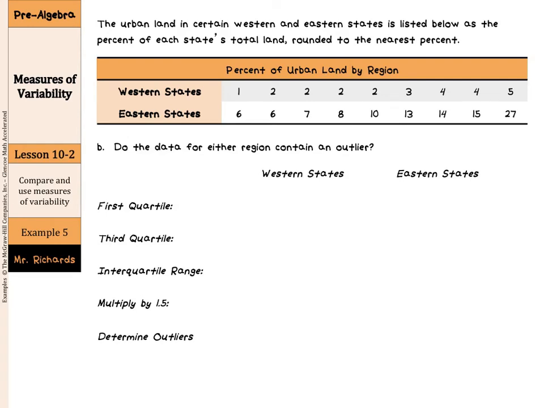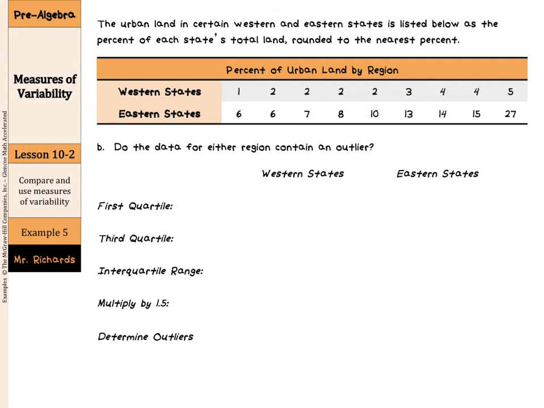Next, do the data for either region contain an outlier? What we're going to do for each state here is look at the first quartile, third quartile, the range. We'll multiply by 1.5, and we'll determine if there are any outliers. So, let's get to it. Let's look for our median. Now, each of the groups of states has 1, 2, 3, 4, 5, 6, 7, 8, 9 states.